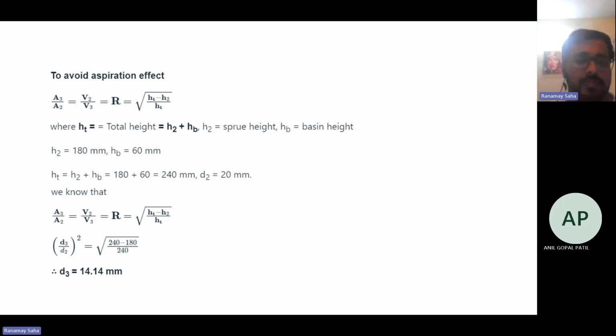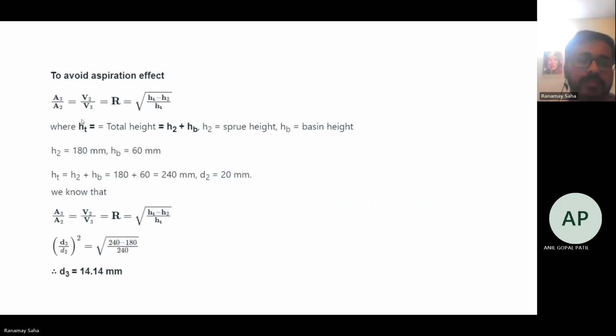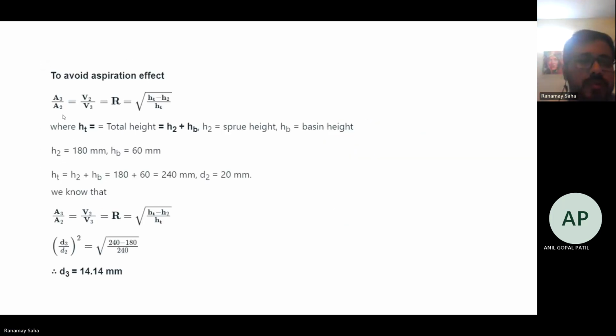To counter that problem, the sprues are generally tapered. This is how a tapered sprue looks, right? From continuity, A3 by A2 is equal to V2 by V3, and the continuity follows.